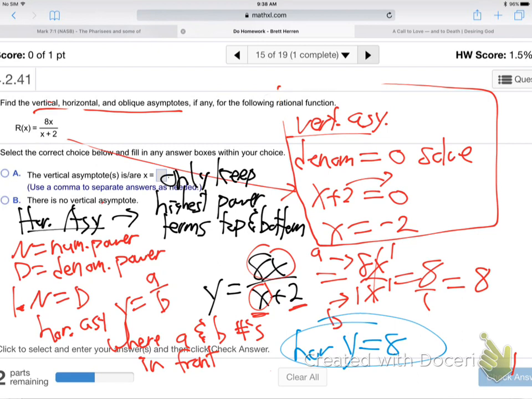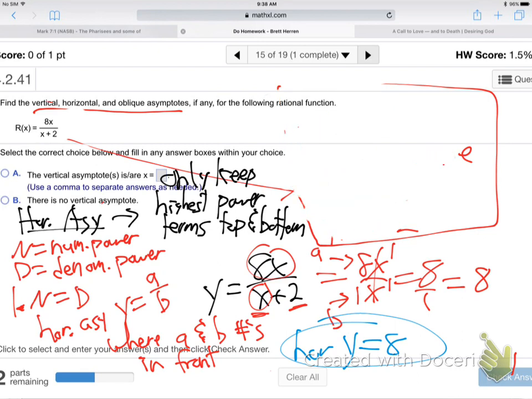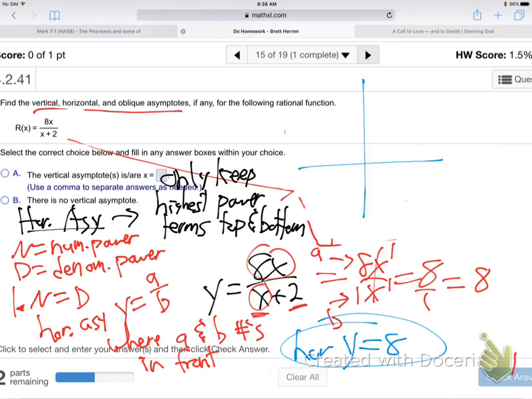In the future, if I went to draw this thing, let me be clear here. Up at 8, 1, 2, 3, 4, 5, 6, 7, 8. At Y equals 8, cutting through the Y axis at 8. There's the X axis.